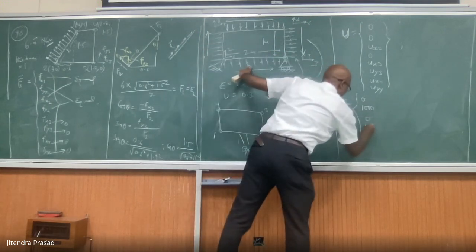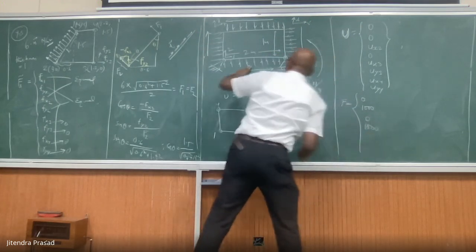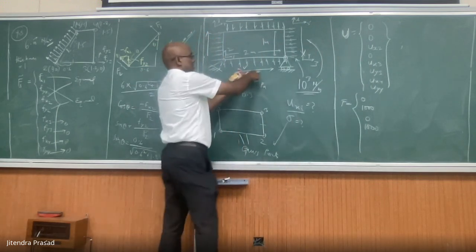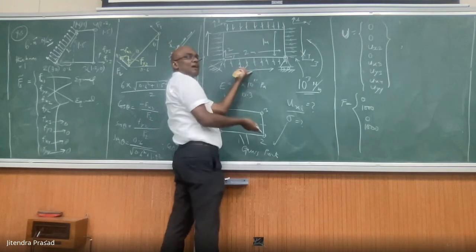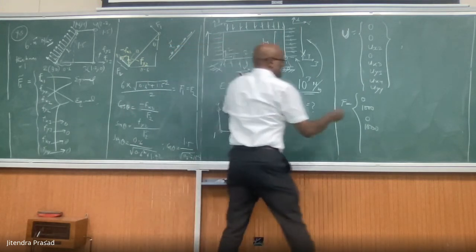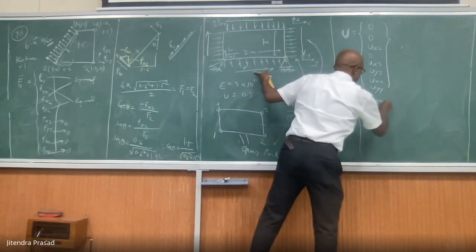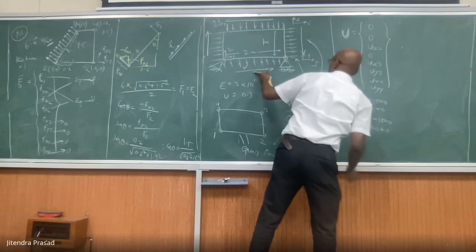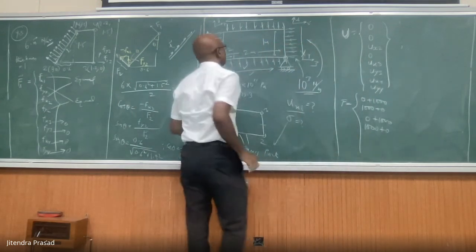So we are done with this. Now this guy, same way, but it goes to x component. So you have 1000 here, which will be 0 plus 1000 plus 0. So we are done with this one.